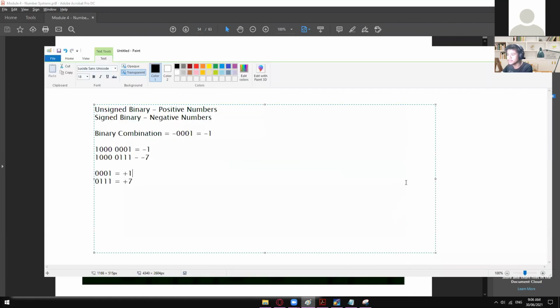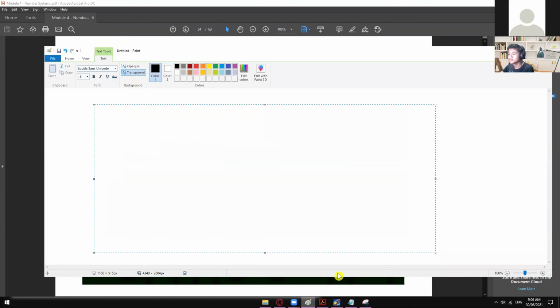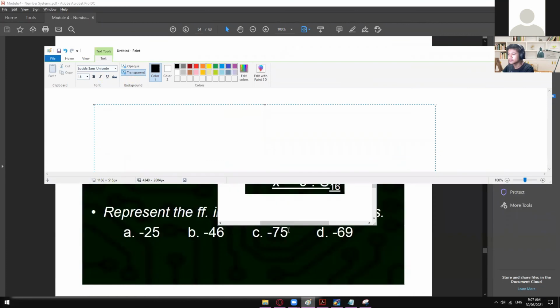Let's have 69, -69. We want to get the -69 in signed binary number. So first step, we have to represent that one using +69. In here, 69 is 32, 64.